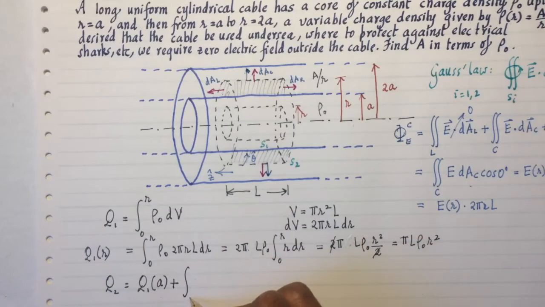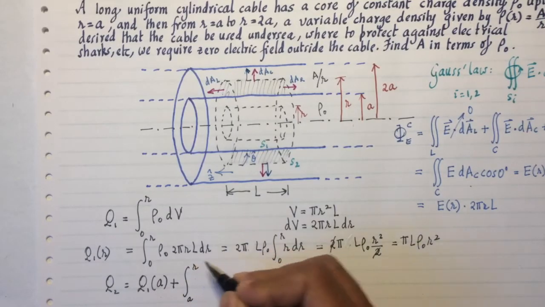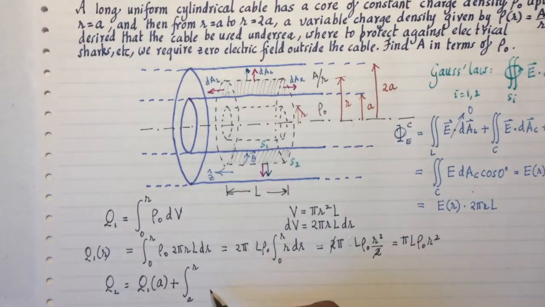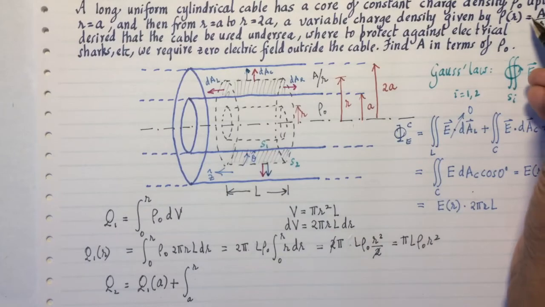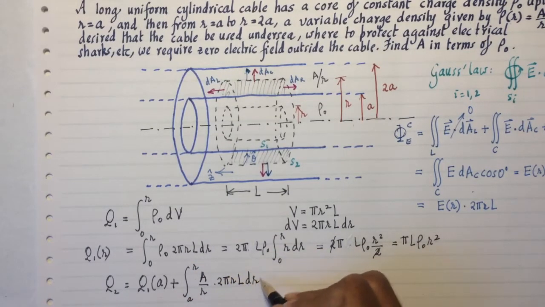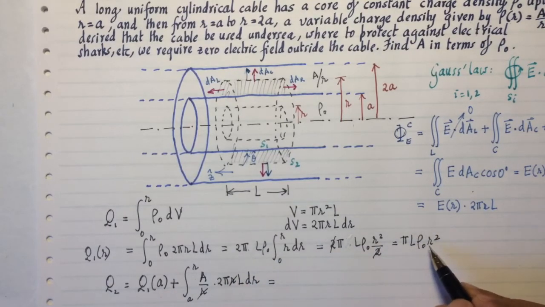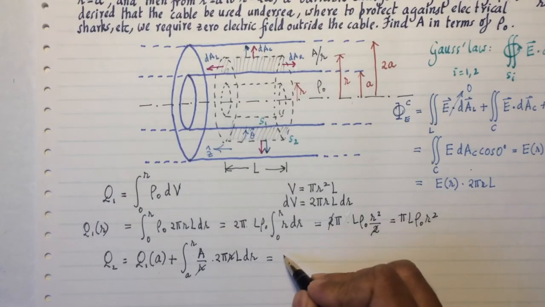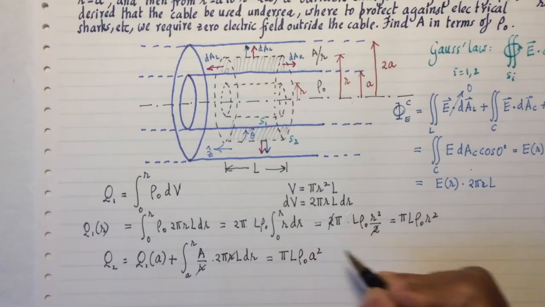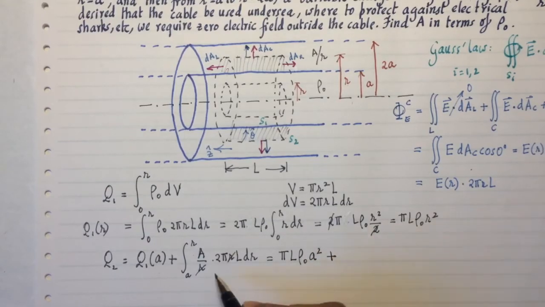and that's going to be integral from A to R, because that starts from A and ends at R, the other charge density, and that's A divided by R times dV, which is the same thing, 2 pi r L dr. Observe that the r's cancel out, and I get Q1 of A is just that one with A replacing R. So that I can just write that immediately, pi L rho naught A squared, plus this is a very trivial integral.